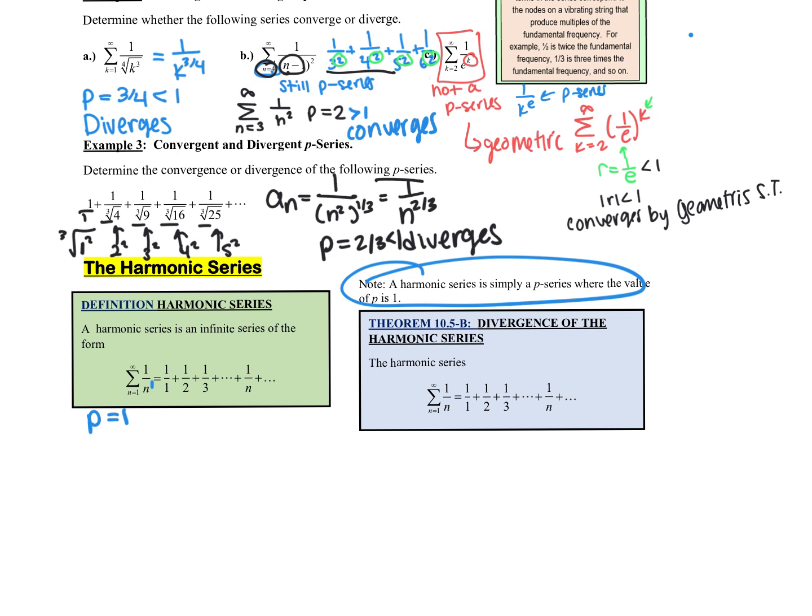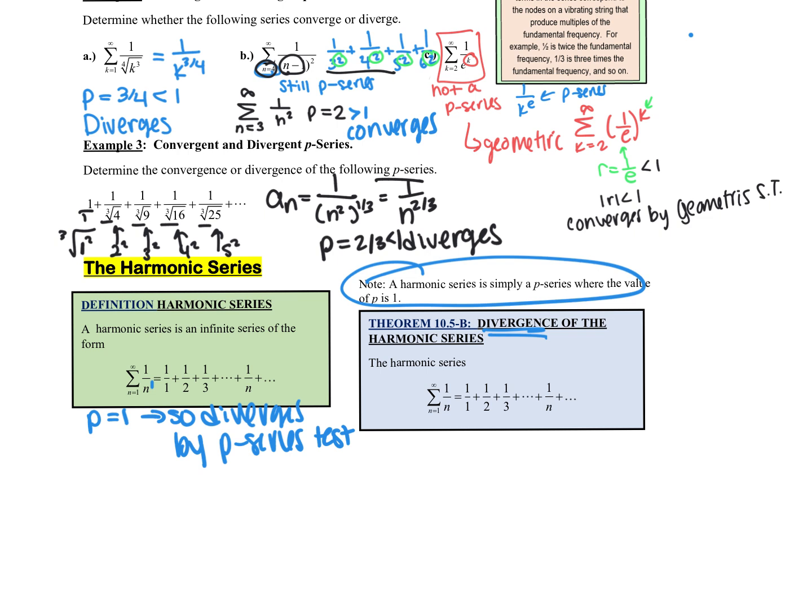So if p is equal to 1, we know our p-series test says that it diverges. But it's a special series because we see it all the time, so we have a special name for it. But it does diverge because it's a p-series with p equal to 1. Okay, so the harmonic series diverges.